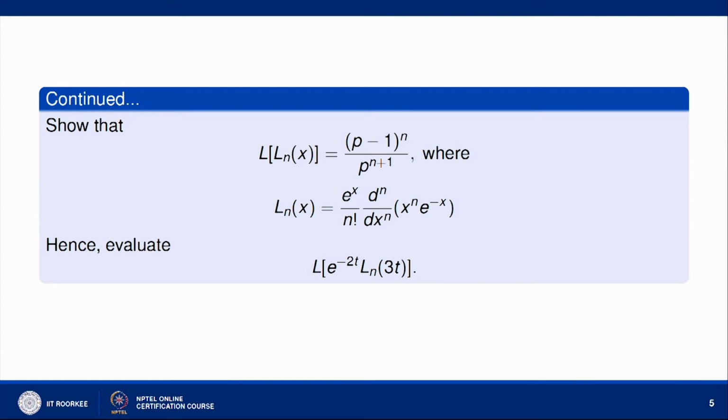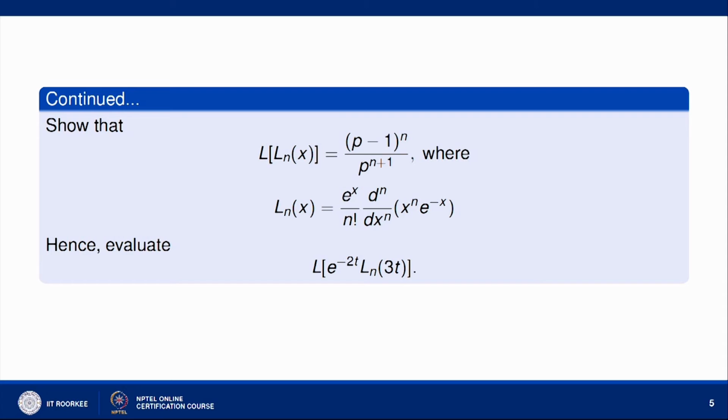Now the next problem, let us first find the Laplace transform of Ln(x). What is Ln(x)? Ln(x) is the Laguerre polynomial. Okay. So we are not going into the detail of this, but Ln(x) is given by this particular expression. Let us try to find out the Laplace transform of this, and again using the shifting property or scaling property, we can find out the Laplace transform of this expression.